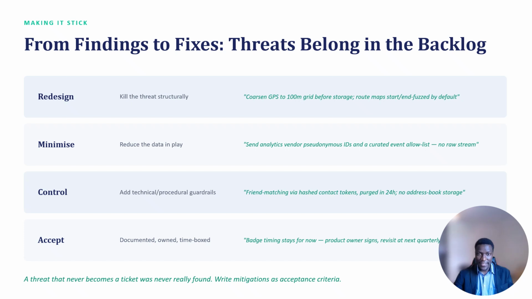And lastly, accept is legitimate when it's documented, owned, and time-boxed. For example, the batch timing threat says the product owner signs it, and this is then revisited, say, quarterly.